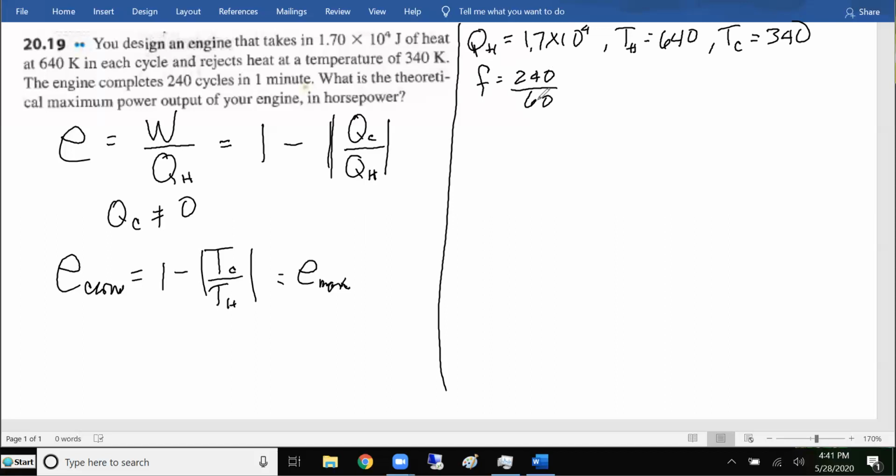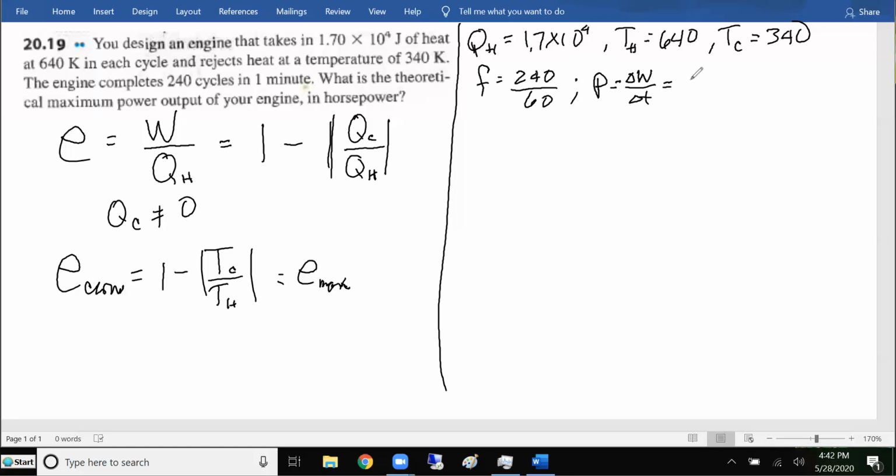What else? What is the theoretical maximum power output of your engine? And you know that the power is the amount of work done and the amount of time taken to do the work.